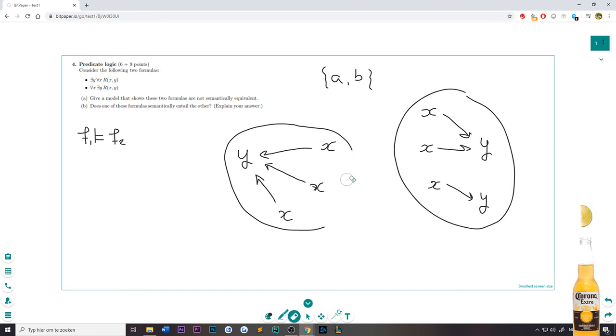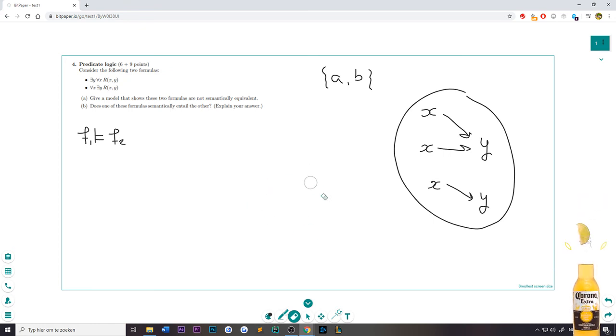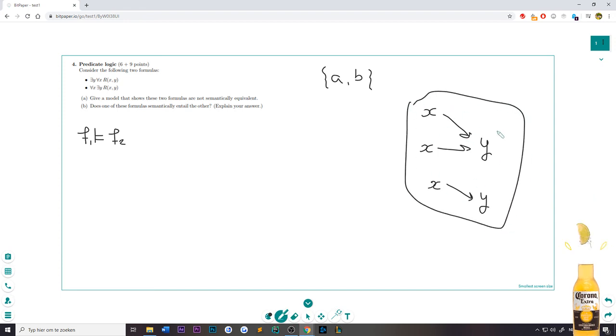Yeah, no. Personally, this model here is what I would draw on the exam, because this makes most sense to me. If you draw your model like this, then the second one holds, but the first one doesn't hold anymore.